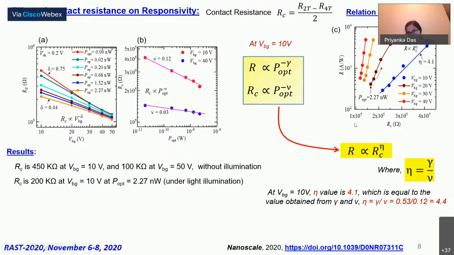So we separately found these and found that these two values match and are equal. So from these things, we can clearly see that there is a direct dependency of responsivity on contact resistance, which is an important aspect.